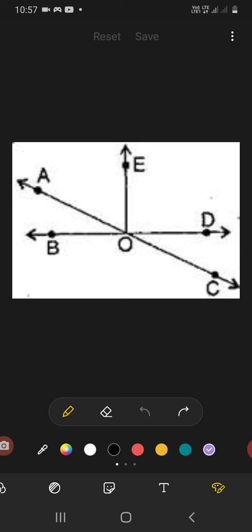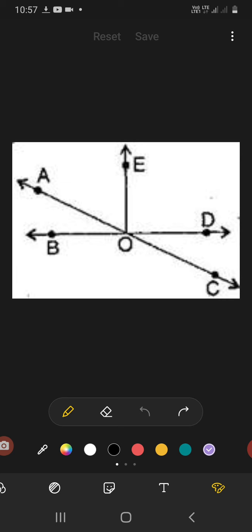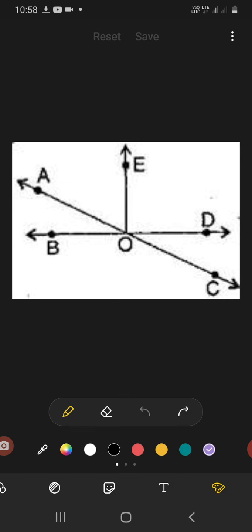Here adjacent but not linear pair means angles which have a common ray and common arm, but the sum of the angles is not 180 degrees.